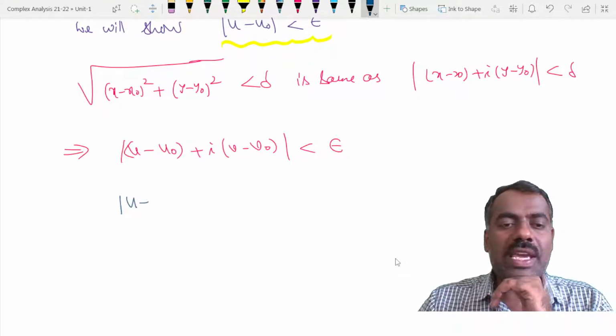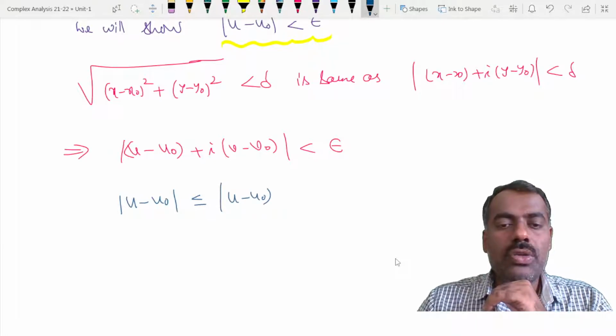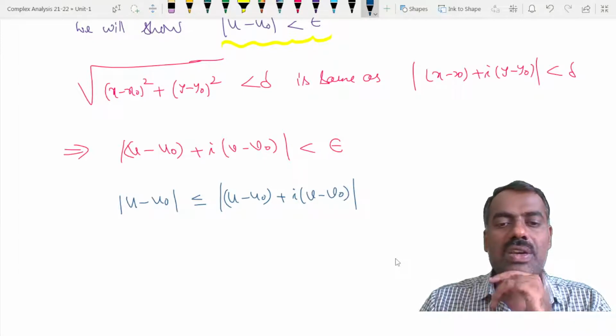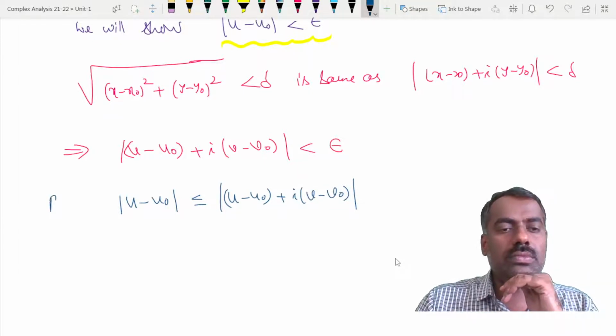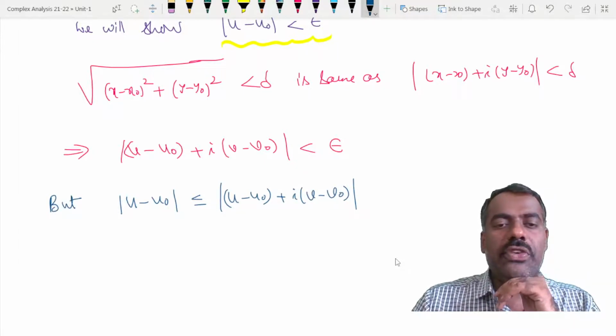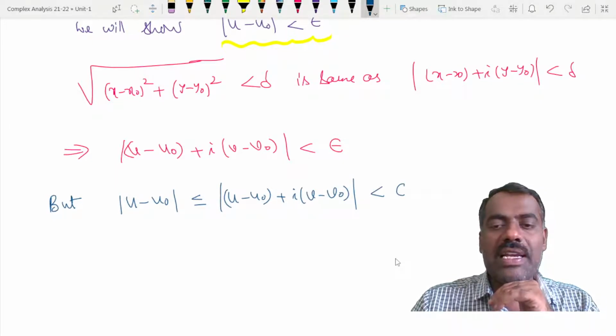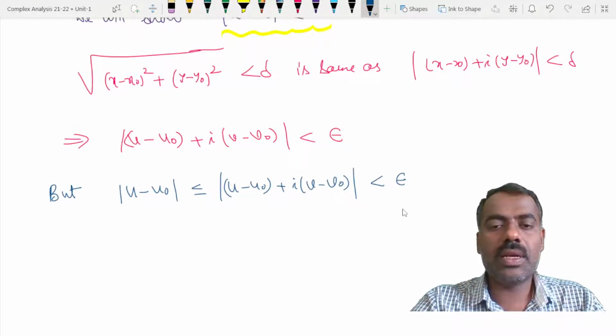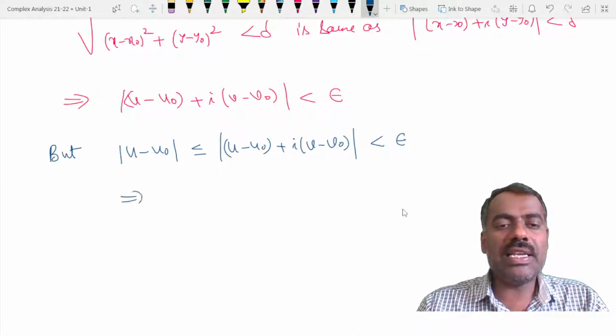That means mod u minus u naught is always less than or equal to mod of (u minus u naught plus i times v minus v naught). But we know that this right hand side is already less than epsilon. This shows that the left hand side is also less than epsilon.